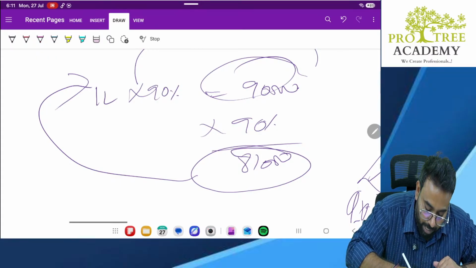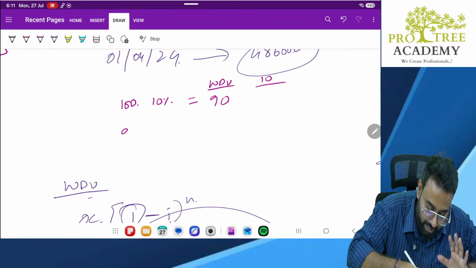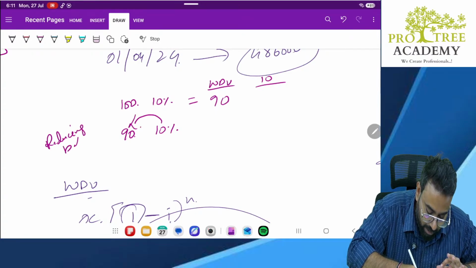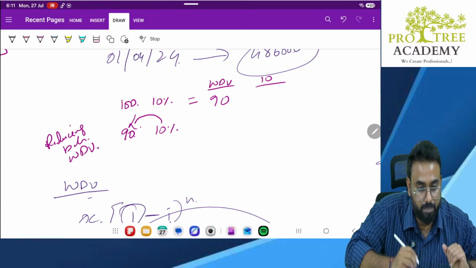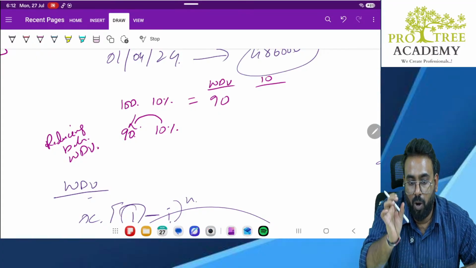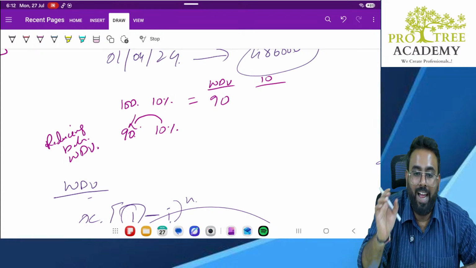Now second year, what will happen? My WDV will be 90, this 10% will be applied on 90, that is the method followed under the reducing balance method or WDV method, correct? That means the depreciation rate is applied on the opening value or opening book value of the asset.